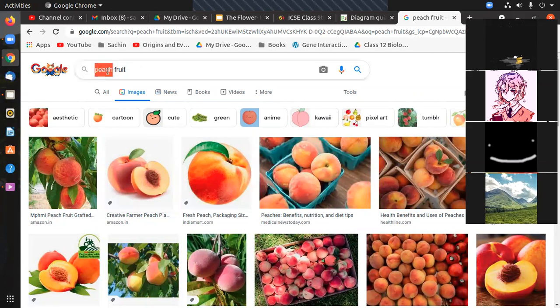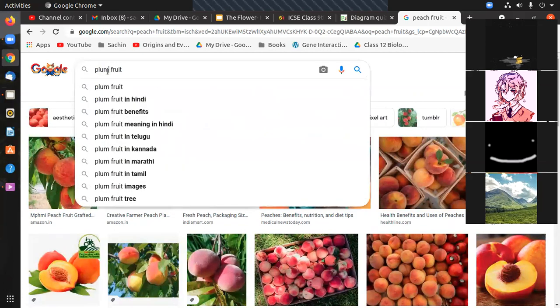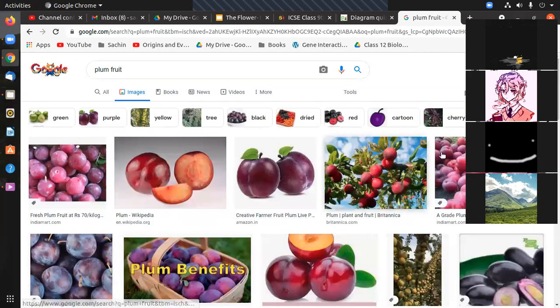That's my assumption. Plum is again a similar one. In both of these cases, it is not possible to have the flower around this fruit. It can be only on this side, which is getting completely closed, and the ovary is developing into the fruit.